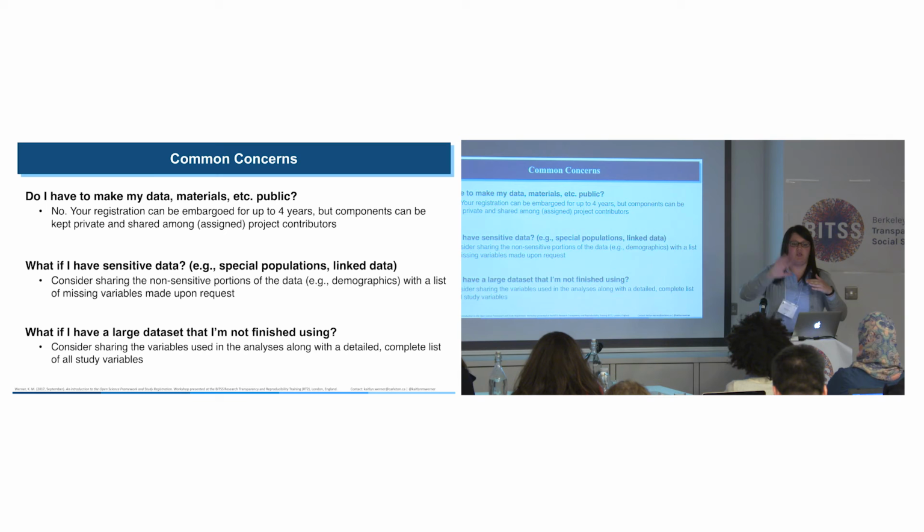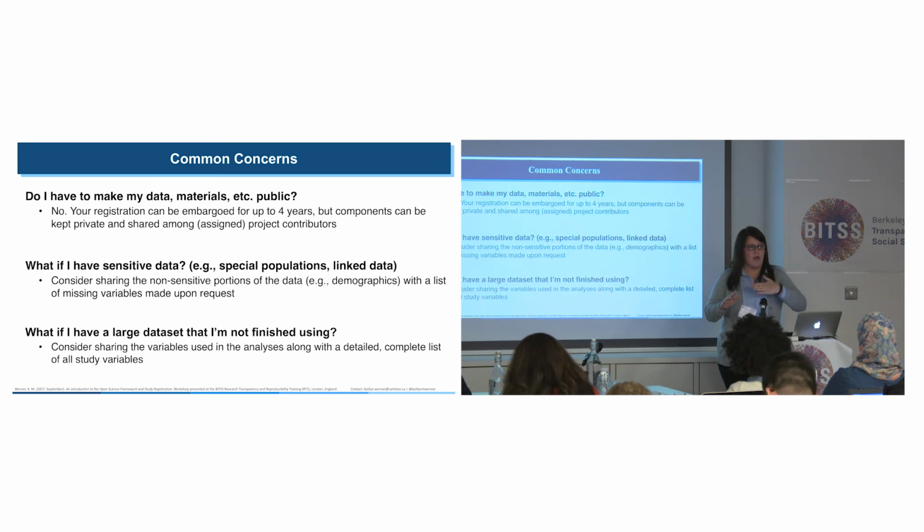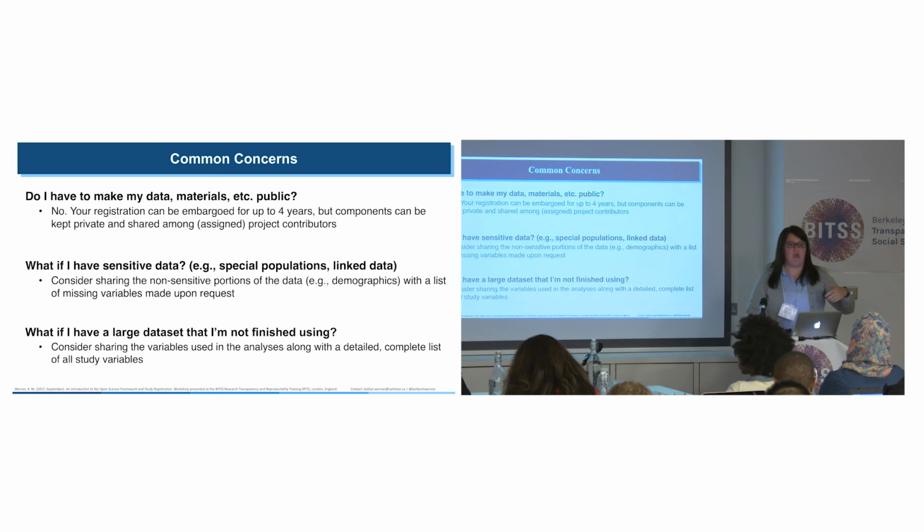So you have just the data that's not sensitive, and then you have a list of all the variable names, or the variables that you have. And then should someone want that, they can request the additional variables from you. That's just something that I've been sort of playing around with. So that way you're still open to some extent, but you're protecting your participants' confidentiality.